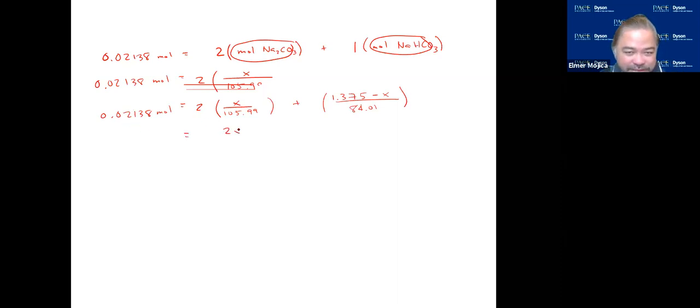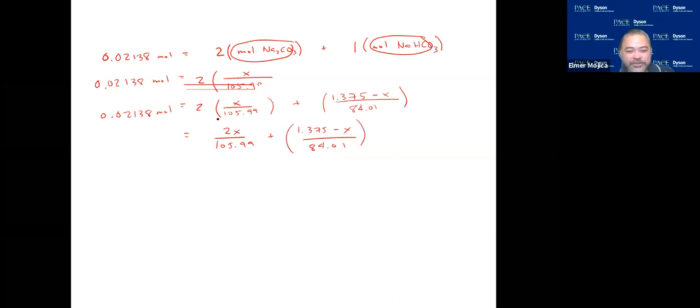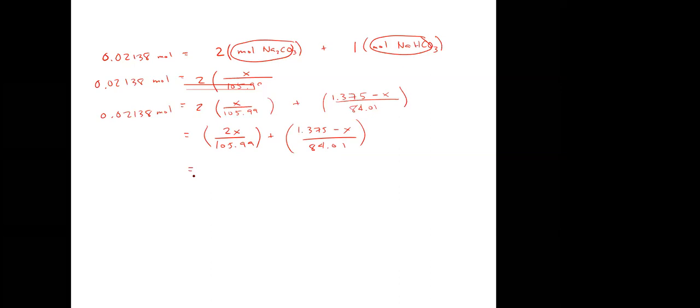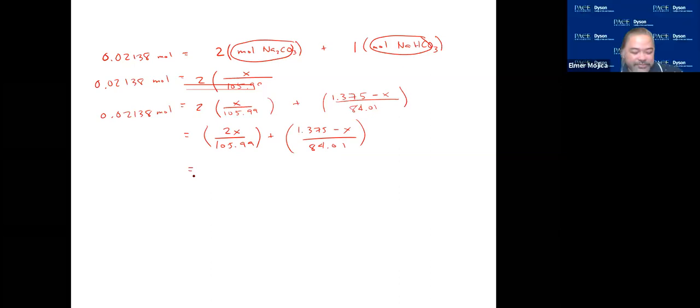I think this will be like this. So how do you do the operation here? Common denominator. Okay, you have a common denominator, and the way that you do it is you just what?